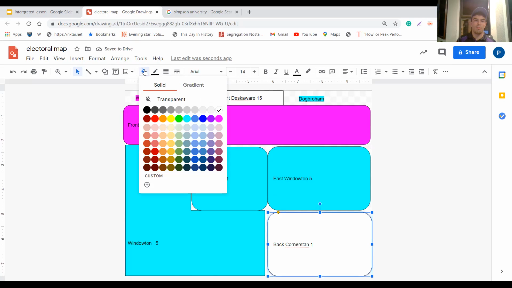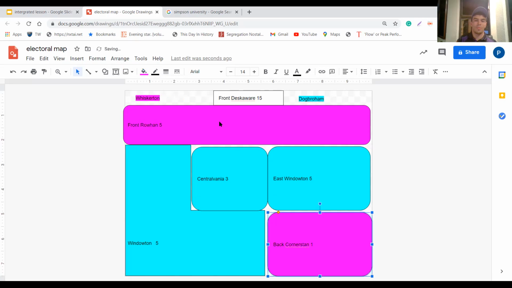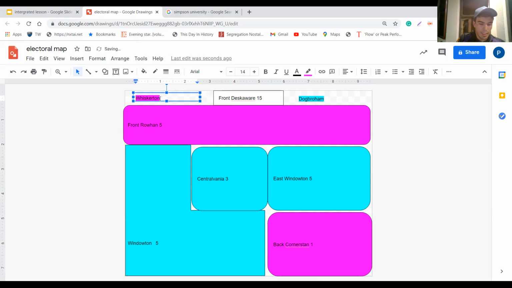Back corner stand, well, they went for Whiskerton. All right. So far, I'll just get the tally up so we can kind of keep track. It's 6 votes for Whiskerton and 13 votes for Dog Broham, but we forgot one district, Front Desk Square, my home district.